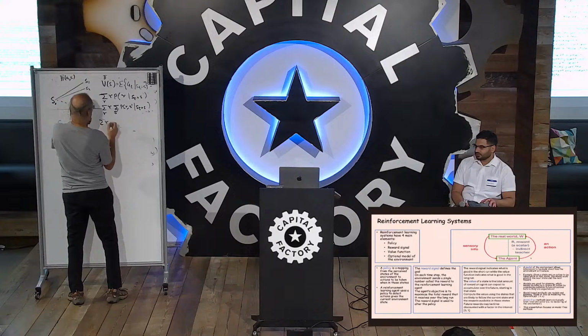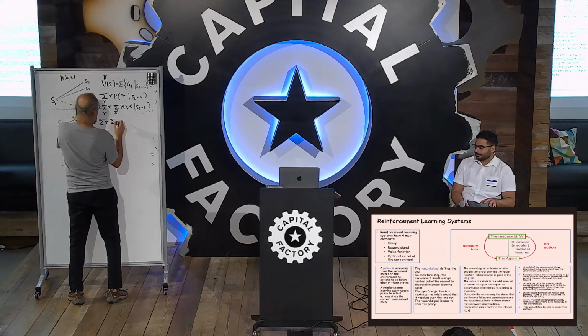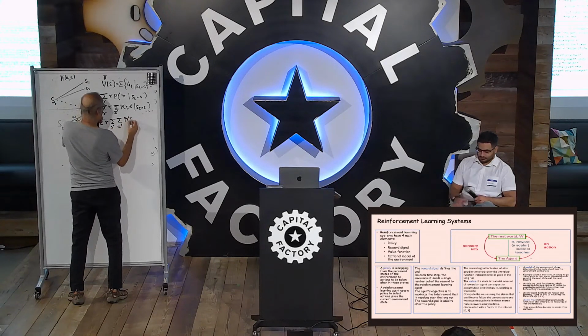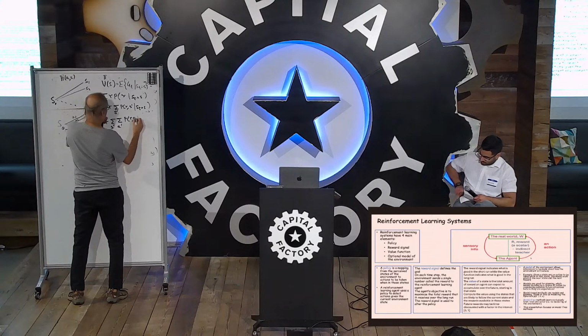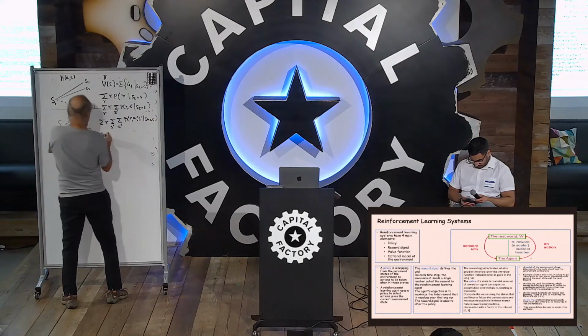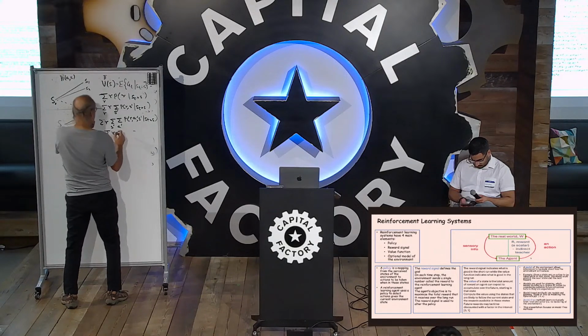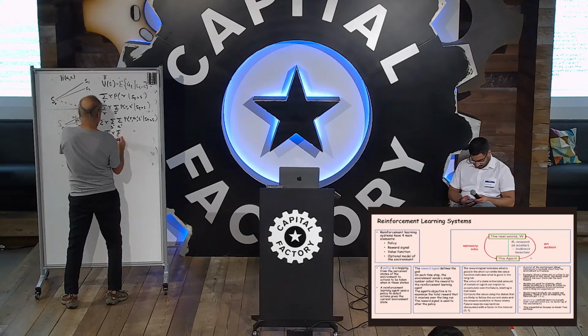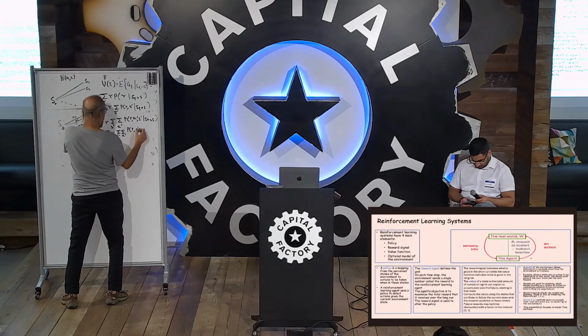That is given by the sum over R of R times the sum over all S prime and A prime of the probability of R, A prime and S prime, given S_t equal to S, which I can write as the sum over S prime, A prime of the probability of R, S prime, given A prime, S_t equal to S. See what's happening.